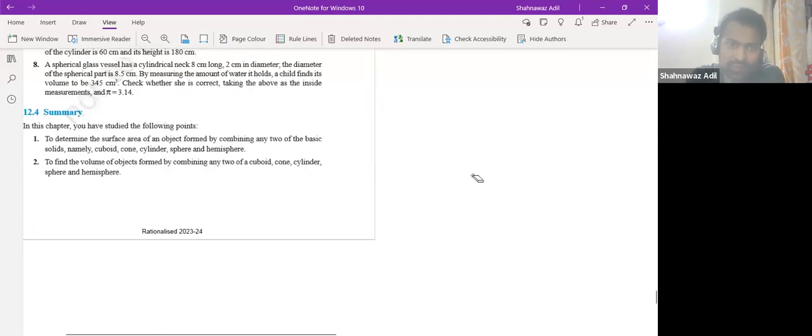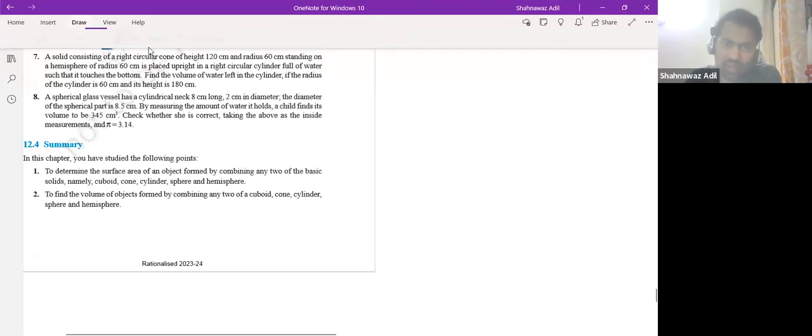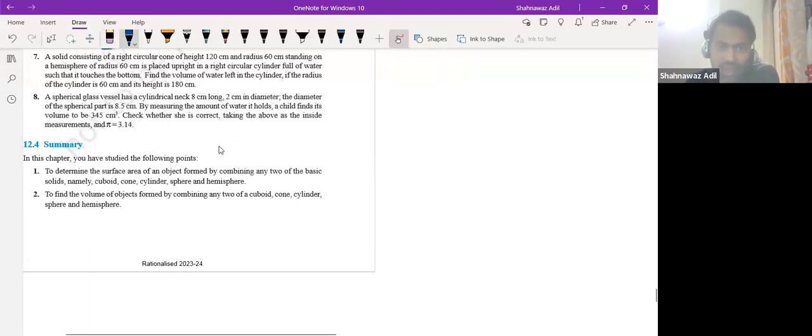Oh, again this vessel. So a spherical glass vessel has a cylindrical neck, and the dimensions are given.